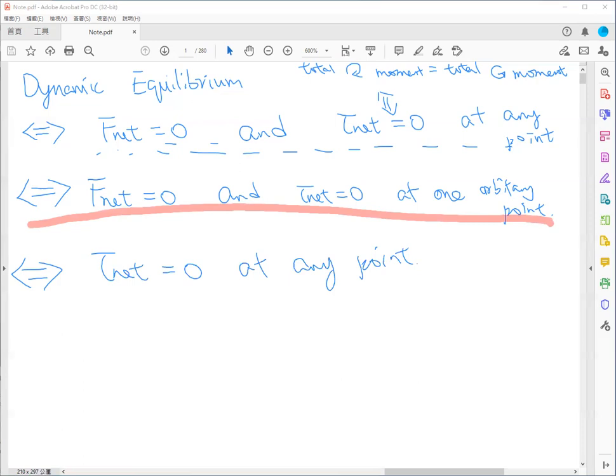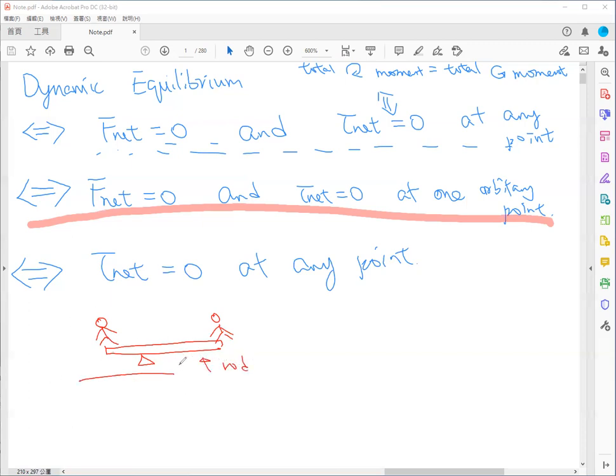Okay, so let me give you one very simple example. Let's say this rod is in equilibrium.